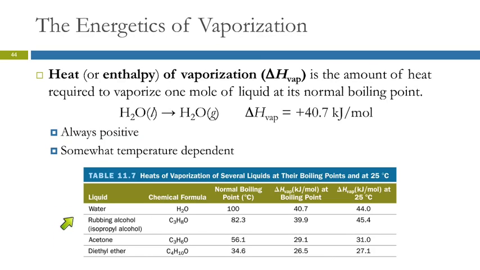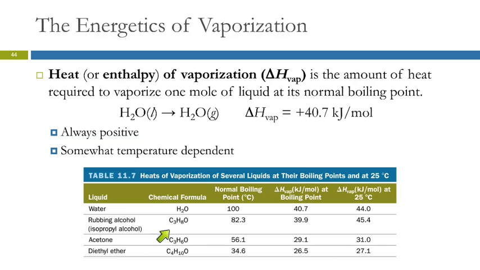So here we have some different liquids: water, isopropyl alcohol, acetone, dimethyl ether. Here are their normal boiling points, and here are heat of vaporization at the boiling point and at room temperature. Water has the highest boiling point. That has the highest or strongest intermolecular forces.